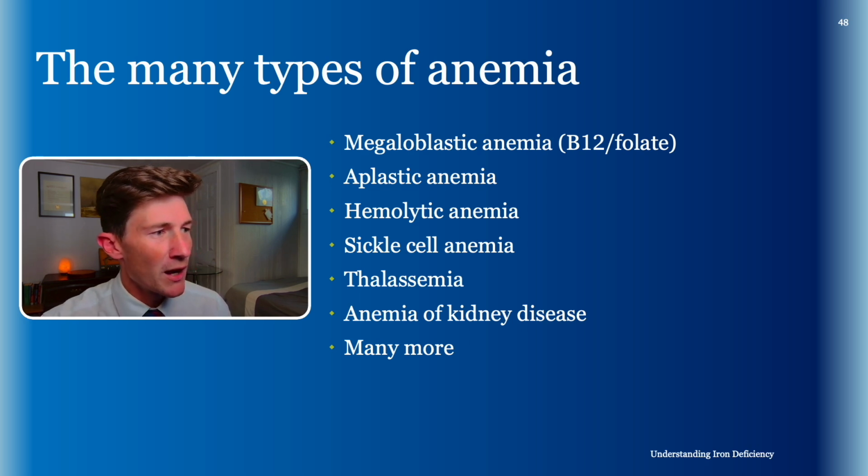Aplastic anemia is when the bone marrow just doesn't produce enough red blood cells. Hemolytic anemia is when many of your red blood cells are destroyed because of toxins in the blood. It can be from other things other than toxins, but we'll just leave it at that.